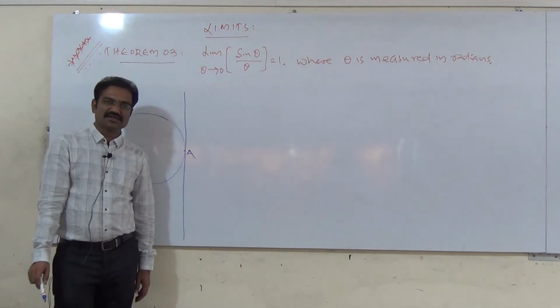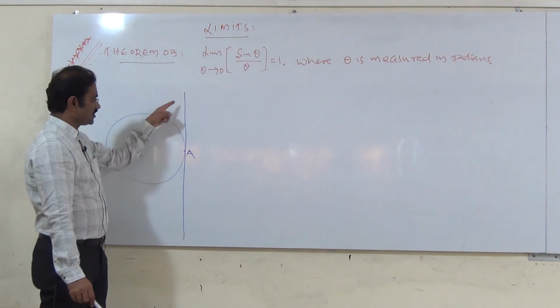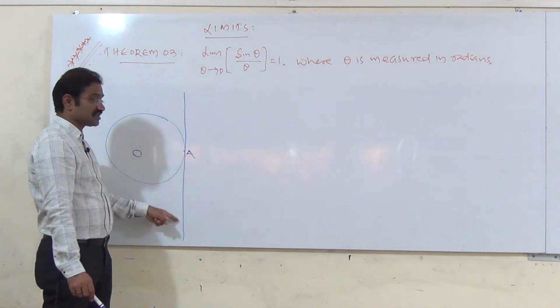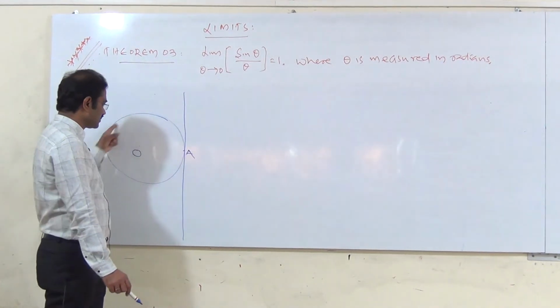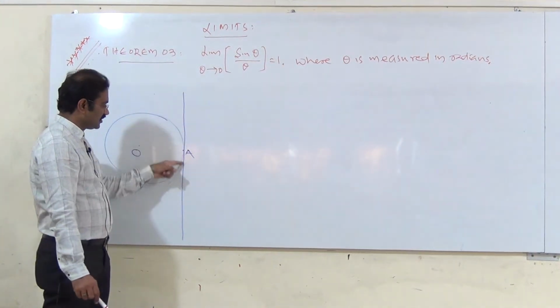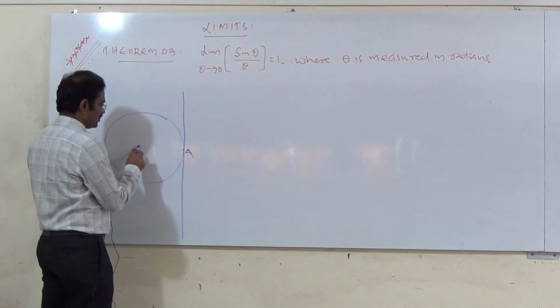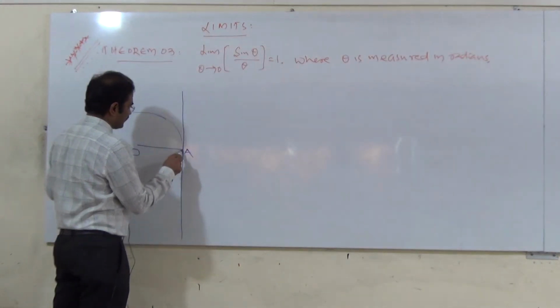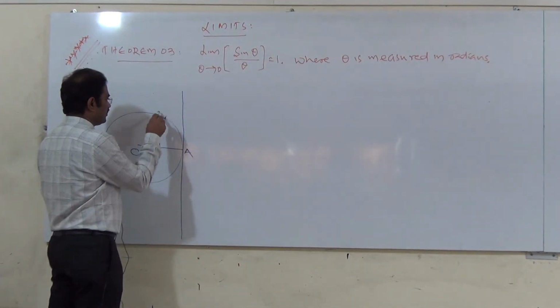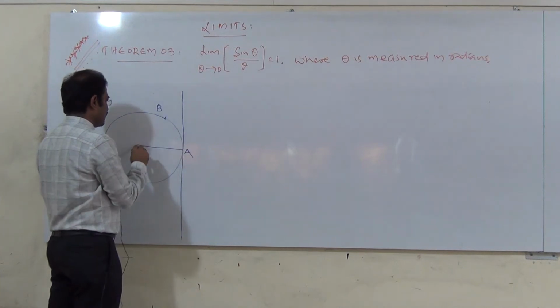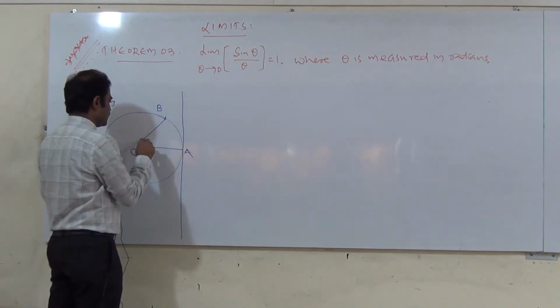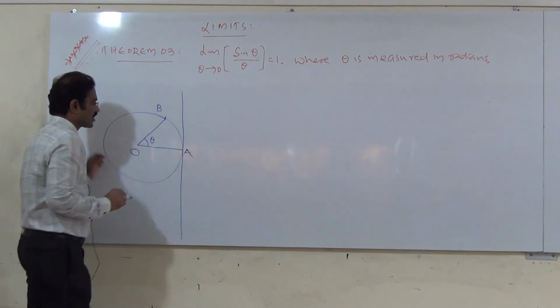Tangent in Kannada is sparshaka. A tangent is the line which touches the circle. This line touches the circle, and select one more point, say B, and join OB, so that angle AOB is equal to theta.